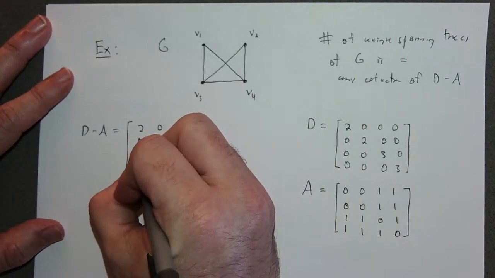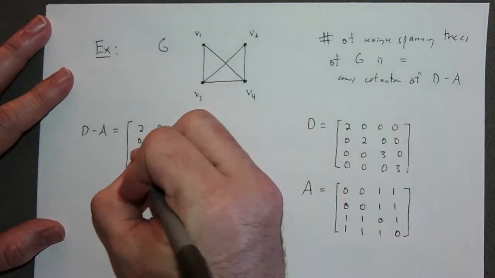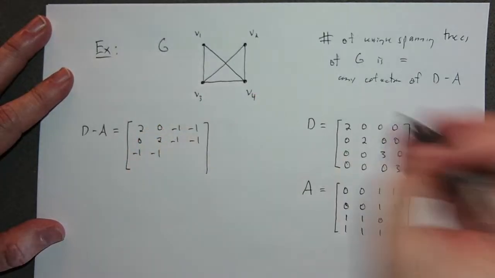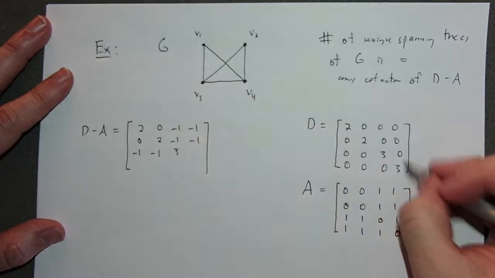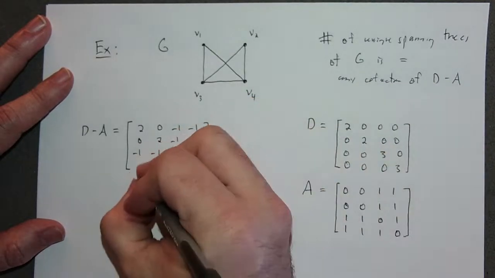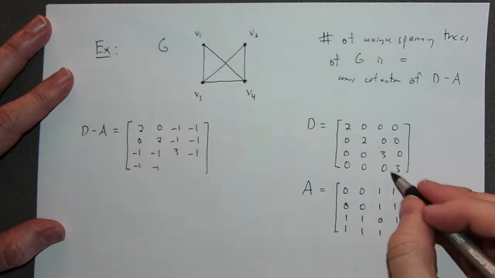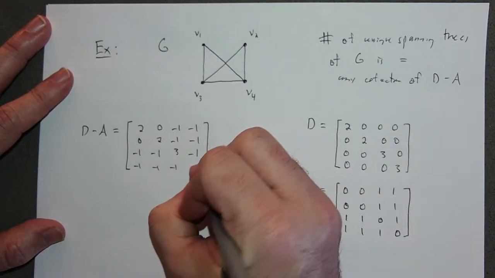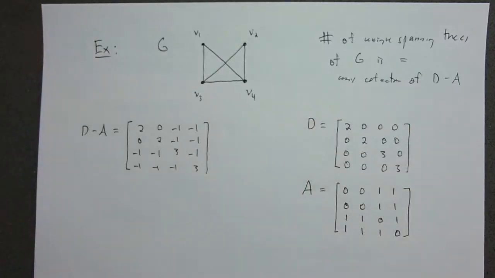We have 0 minus 1, 0 minus 1, 3 minus 0, 0 minus 1, 0 minus 1, 0 minus 1, 0 minus 1, 3 minus 0. There it is.